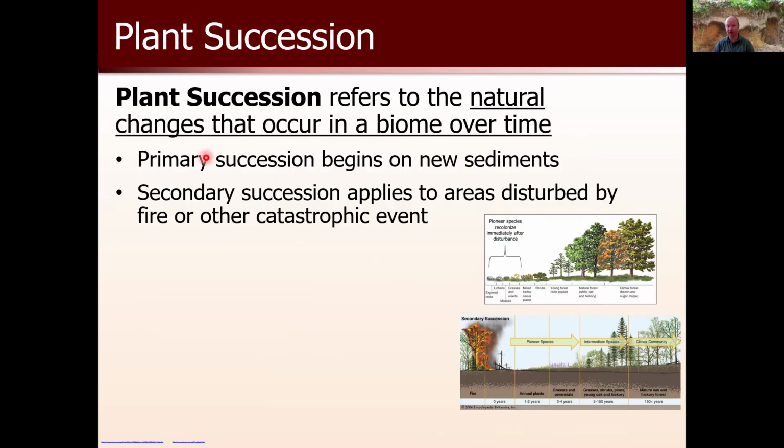Primary succession is dominated by this small subset of plant species known as pioneer species that are capable of tolerating really harsh conditions. It's really hot, it's really windy, and there's not a lot of available moisture. Some of our intermediate succession or climax community species simply can't tolerate those harsh conditions.